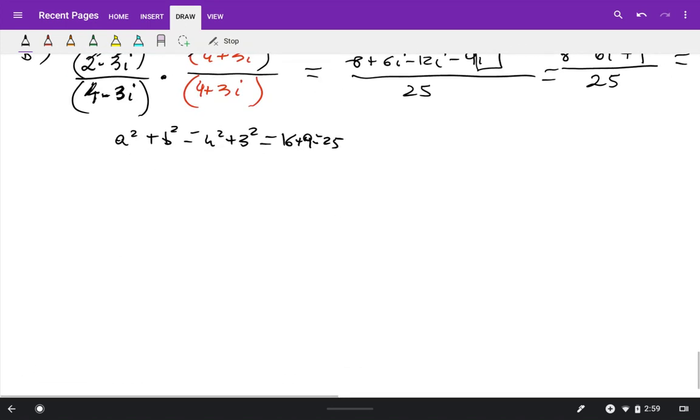Let's do more examples, writing other expressions in standard form.